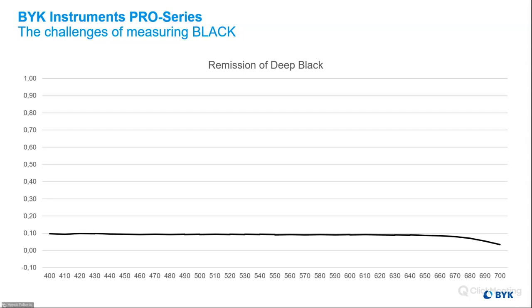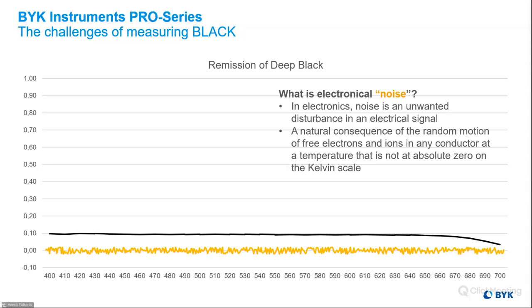And now we have to look at the noise. So what is important, let's say noise is in electronics an unwanted disturbance to the signal. And what is important is to have a good signal to noise ratio.